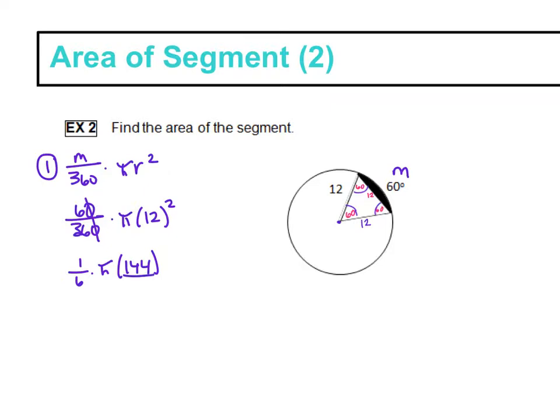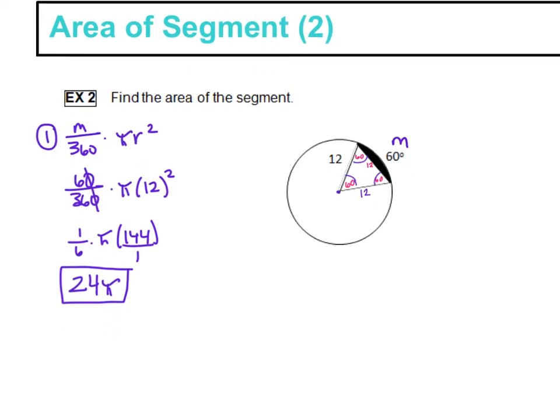And then you can multiply the 1/6 times 144, and we end up with 24 pi. So that's not our final answer, that's just what we need for part 1, or step 1. So I'm going to circle it so I can find it in a minute.